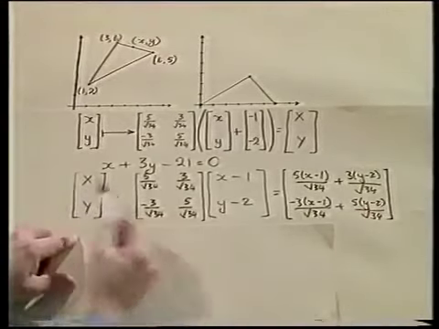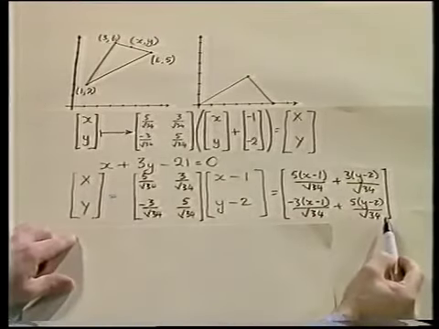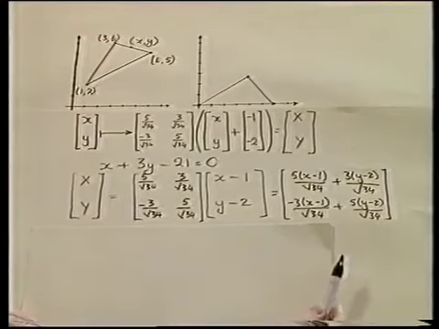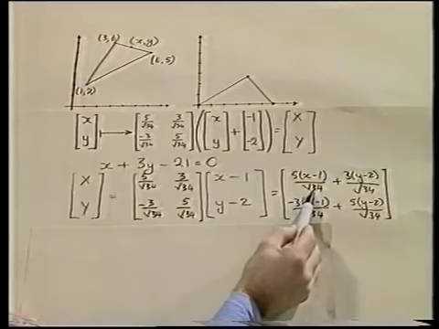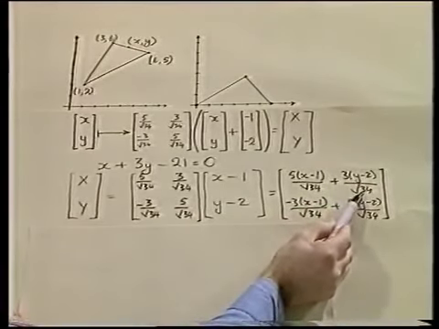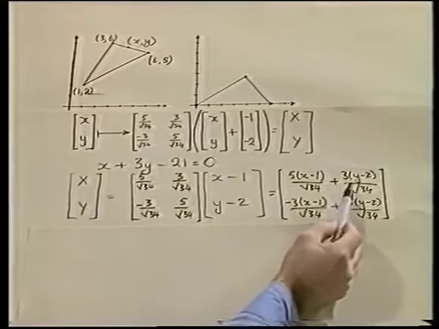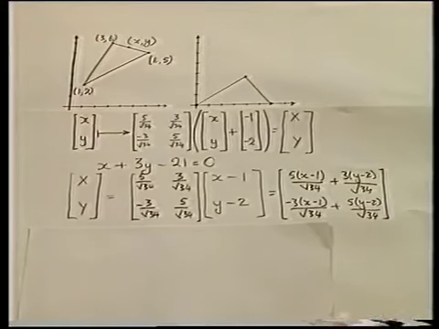So capital X is that lot, and capital Y is that lot. And I can simplify these to get capital X as 5 times x over root 34 plus 3 times y over root 34 plus some numbers which collect together to give me minus 11 over root 34.